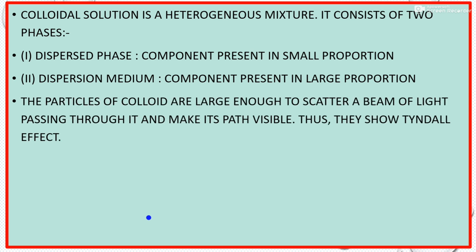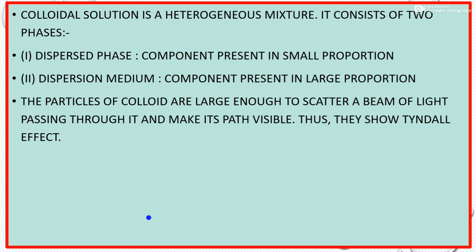The particles of colloid are large enough to scatter a beam of light passing through it and make its path visible. Thus, they show the Tyndall effect. When you pass a beam of light through it, its path will be visible because the solute particles are not completely dissolved in the solvent particles.